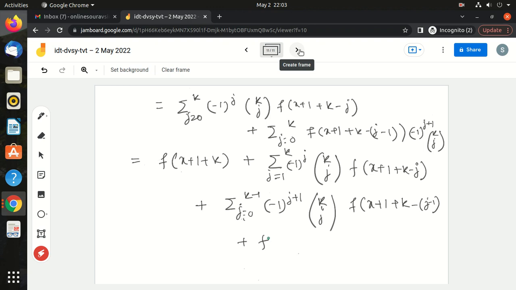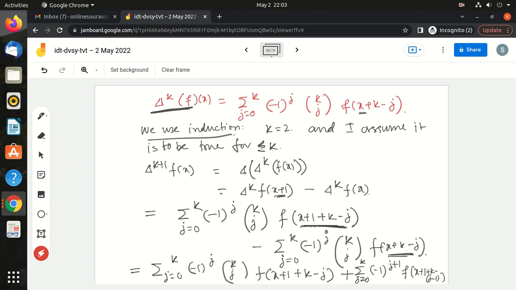So what do you get here? (-1)^k, k choose k is 1, so you get f of x plus 1, you put k here, plus k minus k plus 1. All this time I have been writing plus or minus 1, so again, you should be careful.